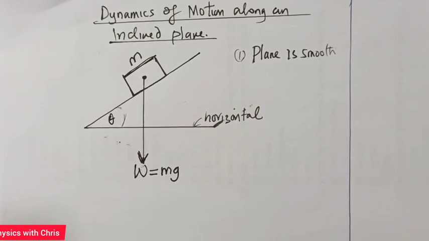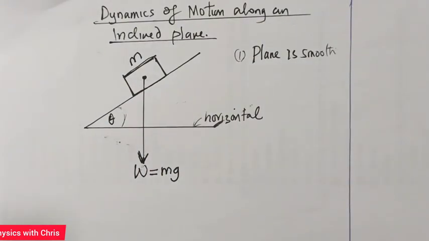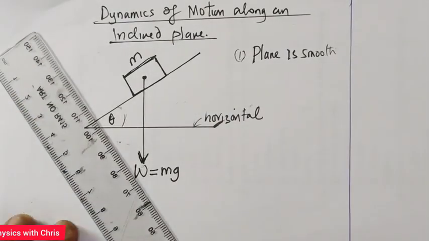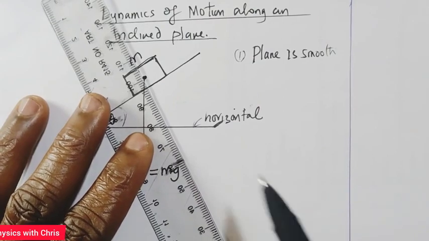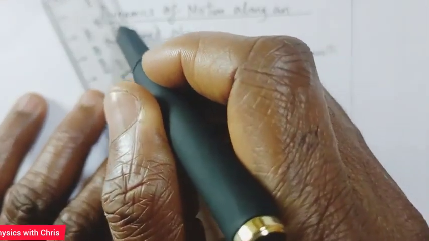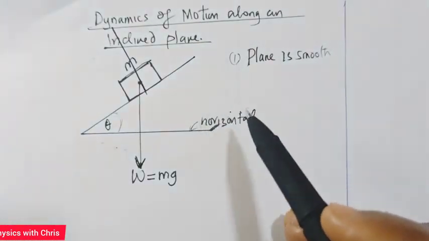Now, this body rests on this inclined surface. The weight of the body, part of it is pressing down on the surface. We'll expect the surface to react. We call that the normal reaction from the surface. And the normal reaction is a type of force from Newton's third law of motion, that action and reaction are always equal and opposite.